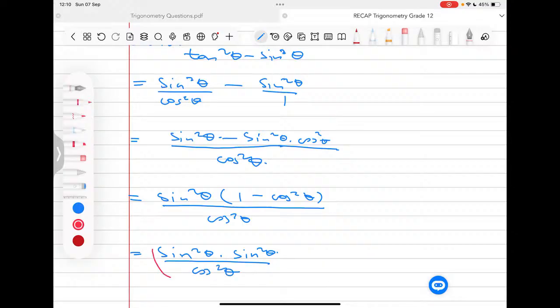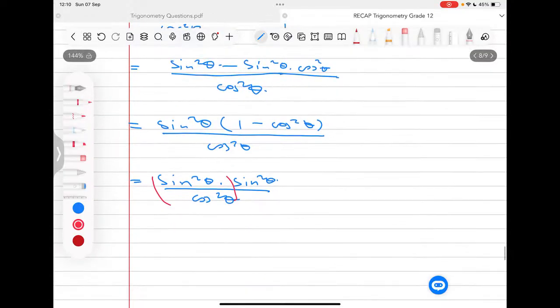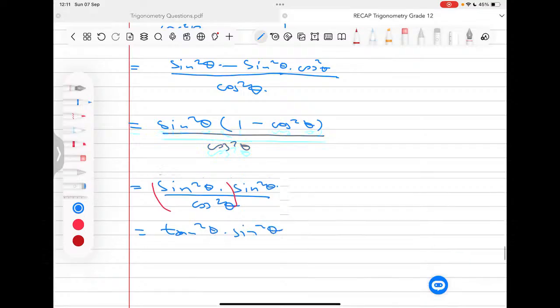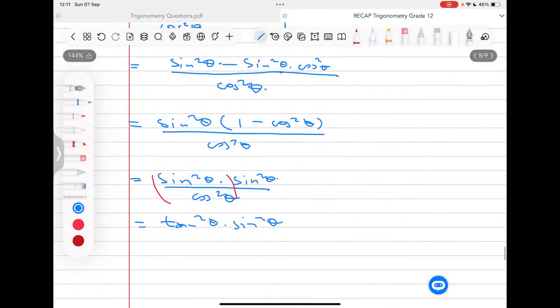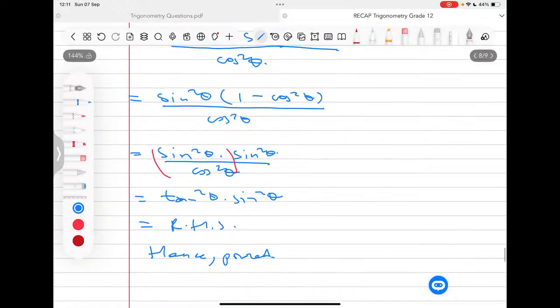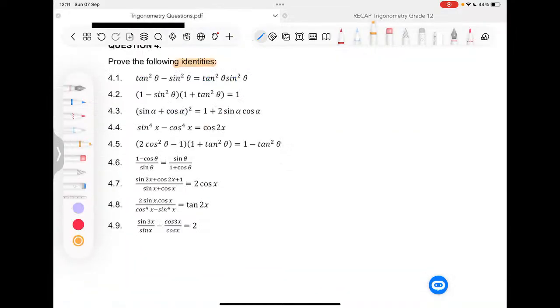But if I group these two here, they give me a tangent. So these ones will give me a tan squared theta, sine squared theta. And when you look at that, it's exactly the same as the right hand side. We'll then say this is equal to the right hand side. Hence proved, right? This is proved. Hence proved. Let us go to the next one.